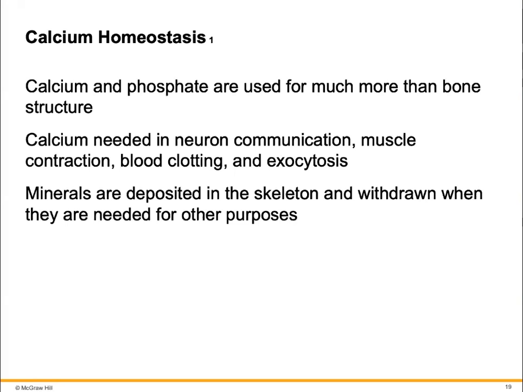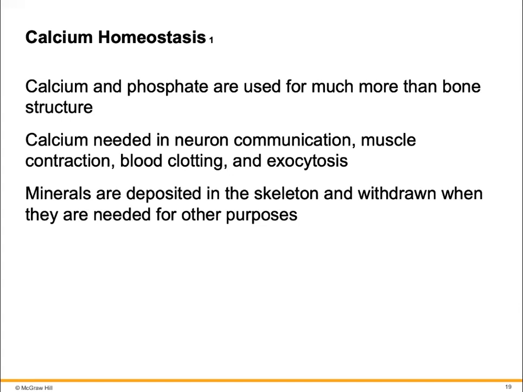Muscle contraction, calcium is actually the initiator molecule for being able to start a muscle contraction and allow for the muscle to relax when it gets resorbed. It's important in blood clotting. It's important in exocytosis. So the minerals that are deposited in the skeleton are there for storage and function within the skeleton, but they get pulled out like it's a bank when they're needed for other purposes.